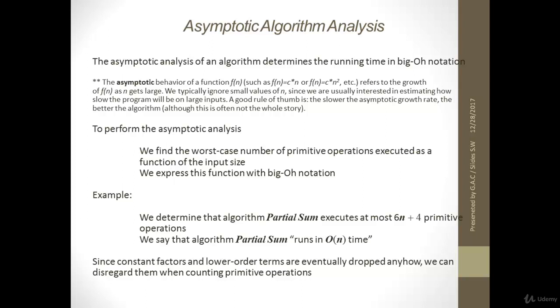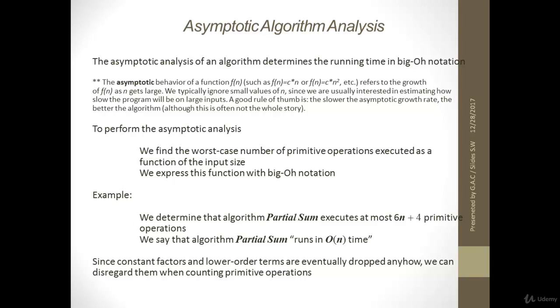The reason is, since the constant factors and lower order terms are eventually dropped anyhow, we can disregard them when counting primitive operations. So if we have 6n plus 4, we can disregard the constants, so it has n.